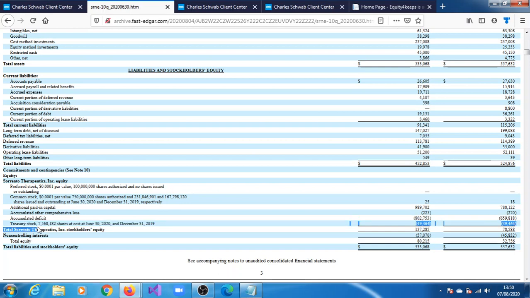It's also the same figure for the previous quarter as well.